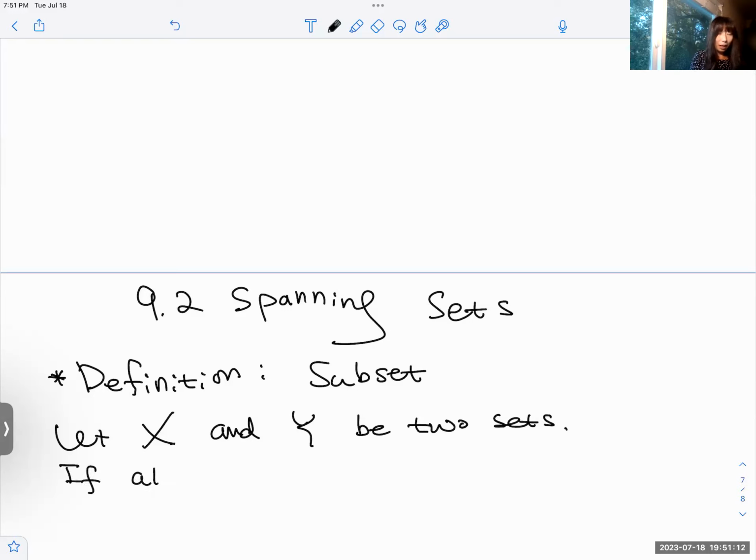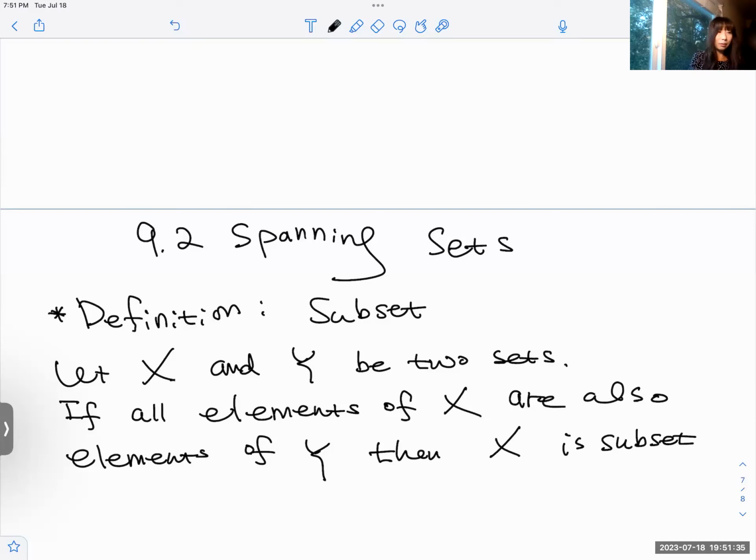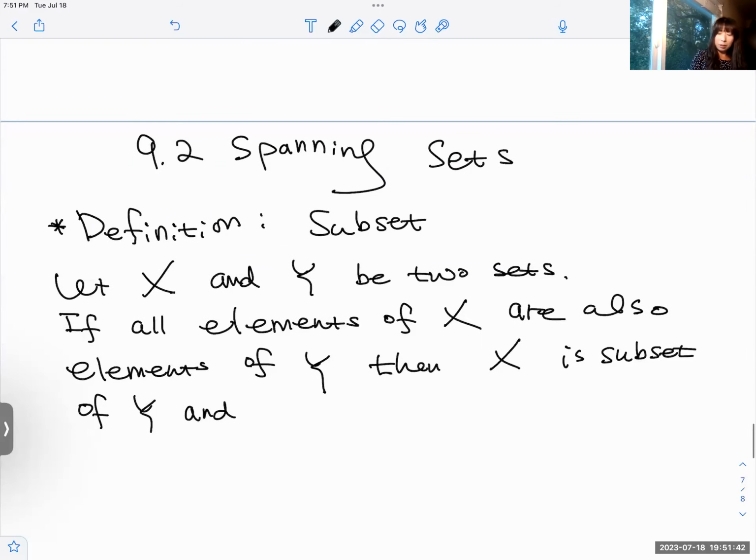If all elements of X are also elements of Y, then we say that X is a subset of Y, and we denote this way: X subset of Y, right?